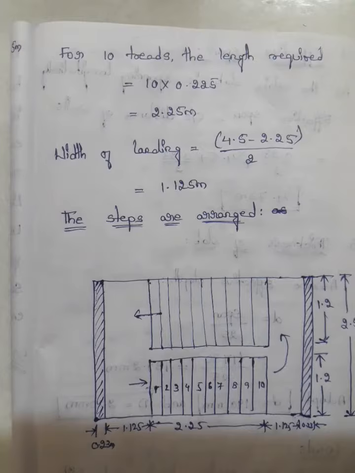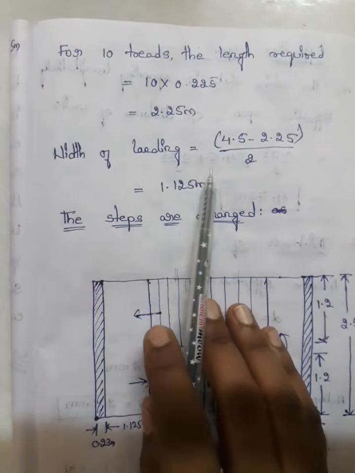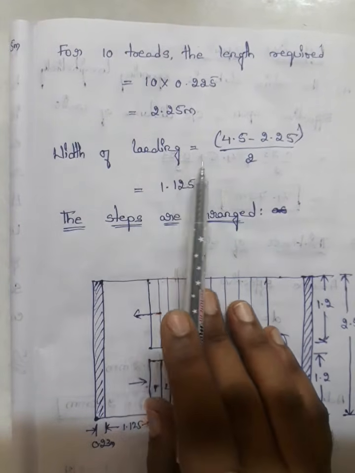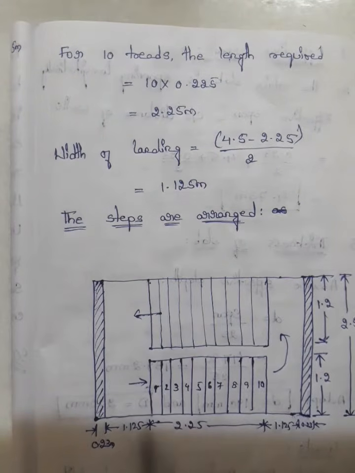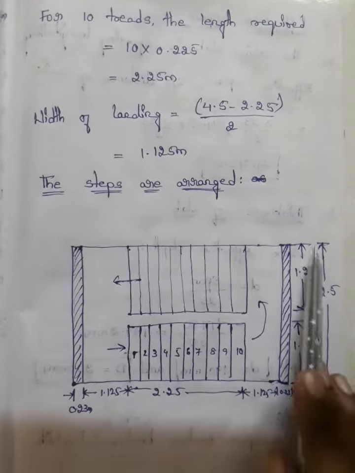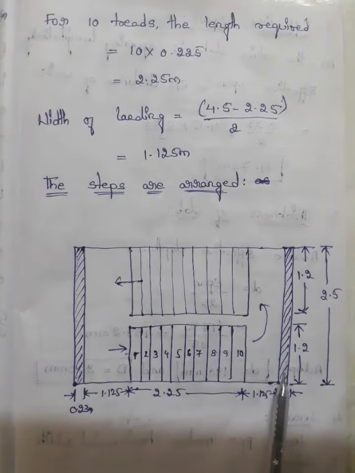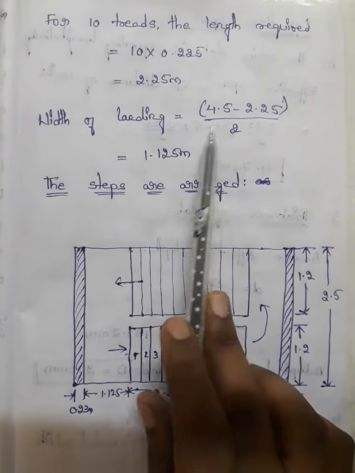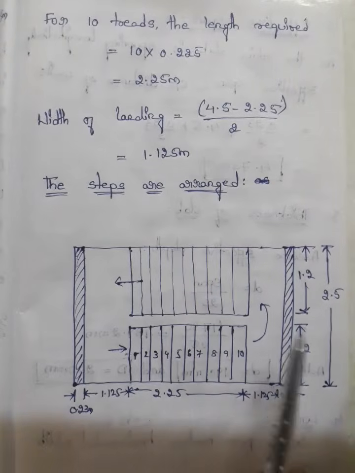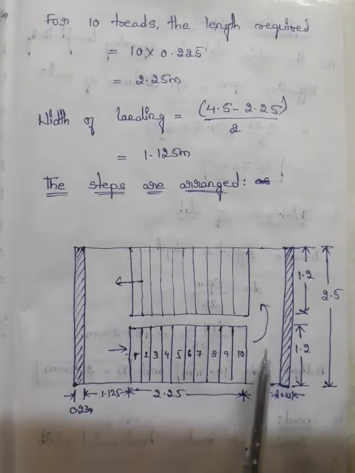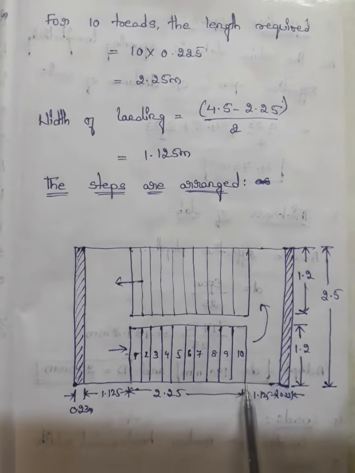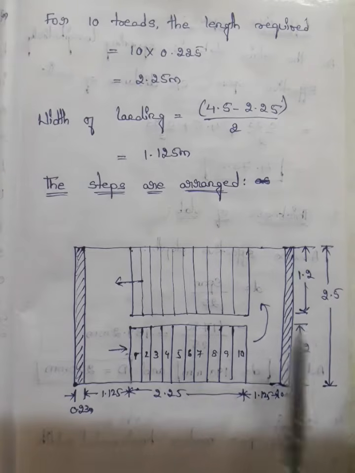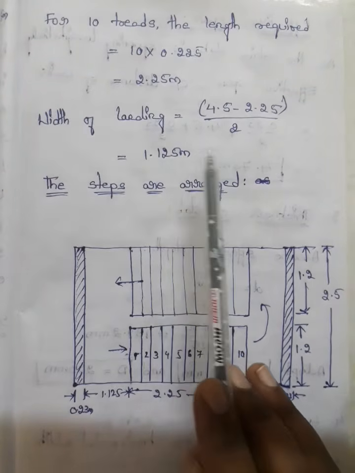So the tread length is equal to 2.25 meters. So width of landing is equal to, we know the dimensions of the hall already given, it is 4.5 by 2.5, right? So 4.5 minus 2.25. That is from here to here. So this point to this point. How much is it?